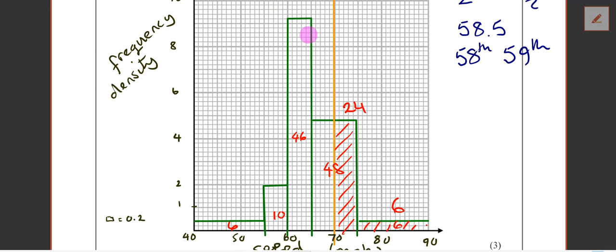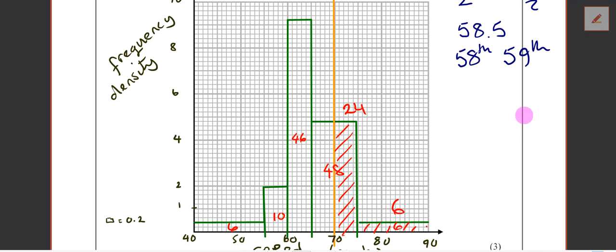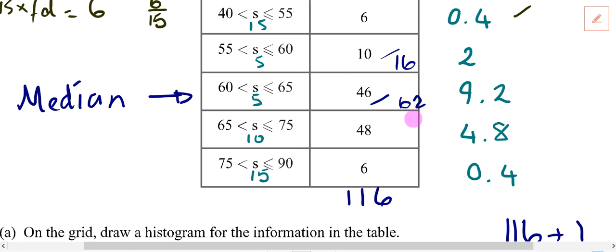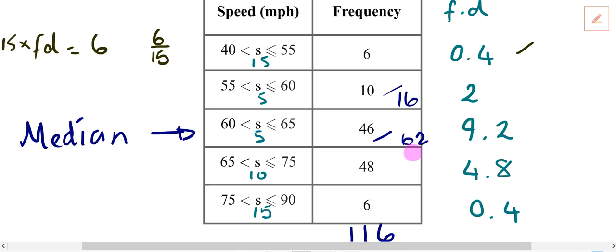Back to this graph, for our frequency density stuff, which group is the mode? Or which is the modal class? Which one do you think? Which one would you choose? So maybe it's easier to see from the table. Which class is the modal class? 60 to 65.